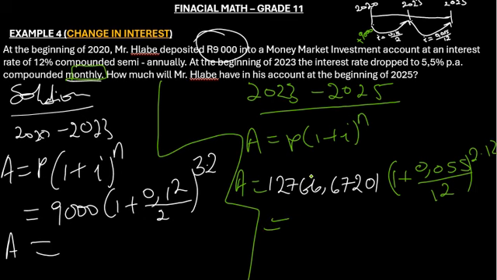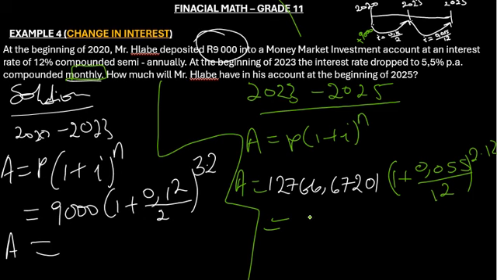Then Mr. Hlabe will have, let me check, 1 plus 0.055 over 12, all raised to the power 2 times 12. Oh my god, I made a mistake when punching my calculator. Okay.